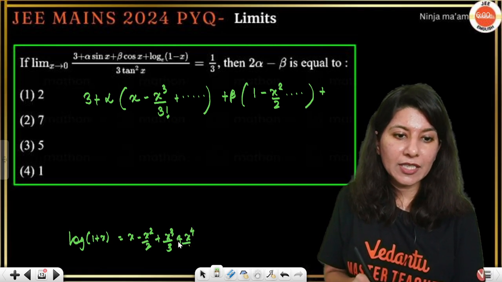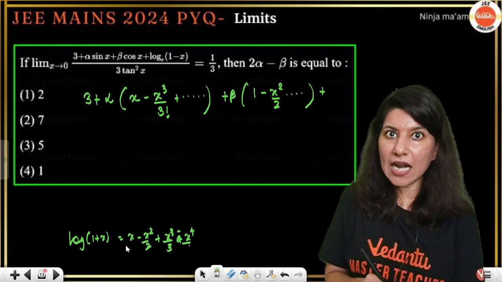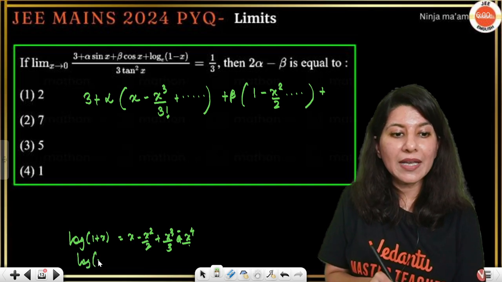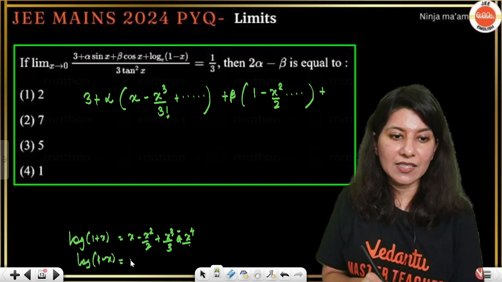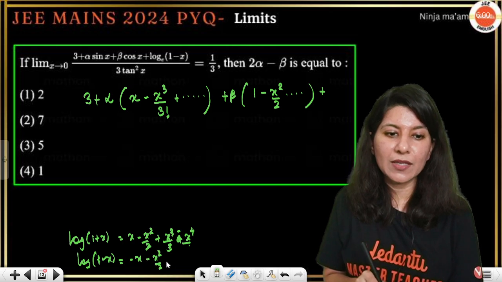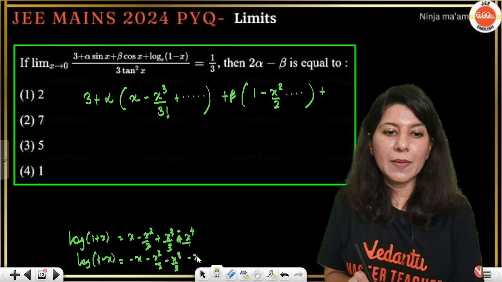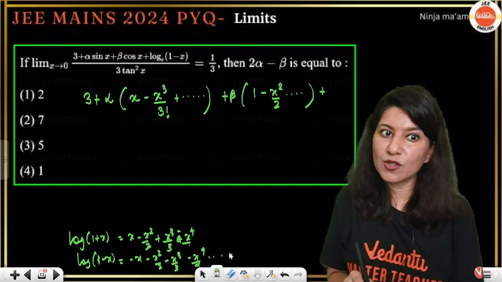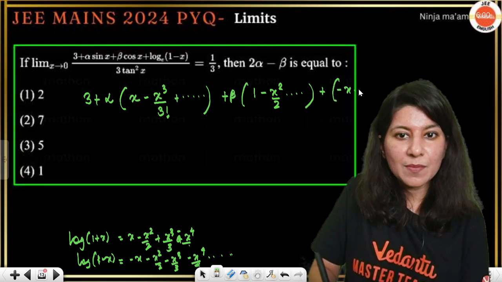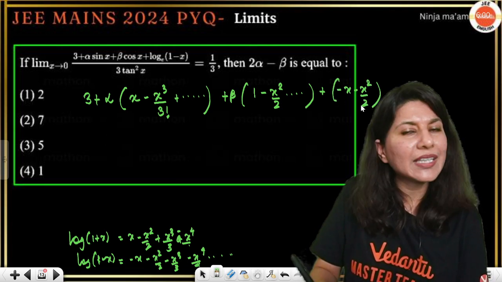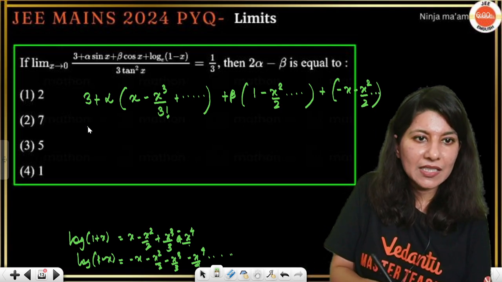And alternate plus minus sign will be there. It starts with x. So log 1 minus x, if you calculate, it will have all the negative signs. Minus x square by 2, minus x cube by 3, minus x power 4 by 4, and so on. So this is minus x square by 2. I don't think again you need more terms than square.